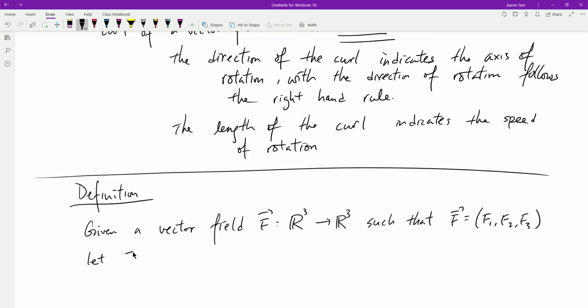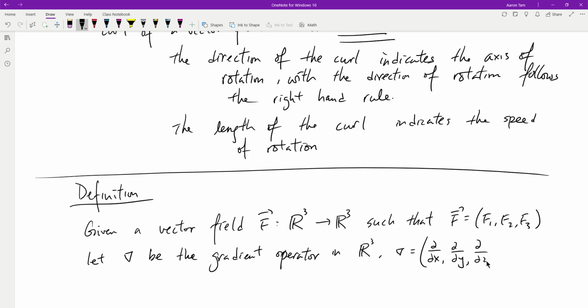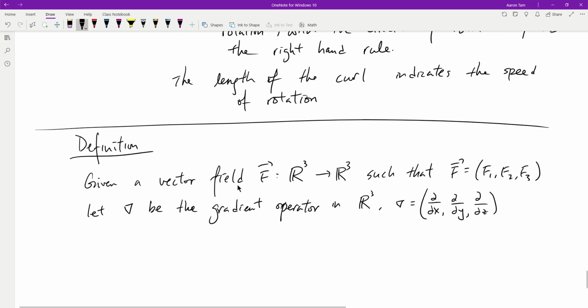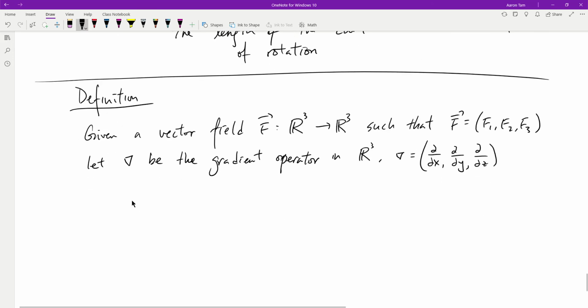We're going to let this upside-down triangle, the gradient symbol, be the gradient operator, defined the same way as in the last definition in R3. So the gradient is equal to d over dx, d over dy, d over dz. Remember, it's strictly in R3 right now. Then I can define the curl of F to be given by the following formula.